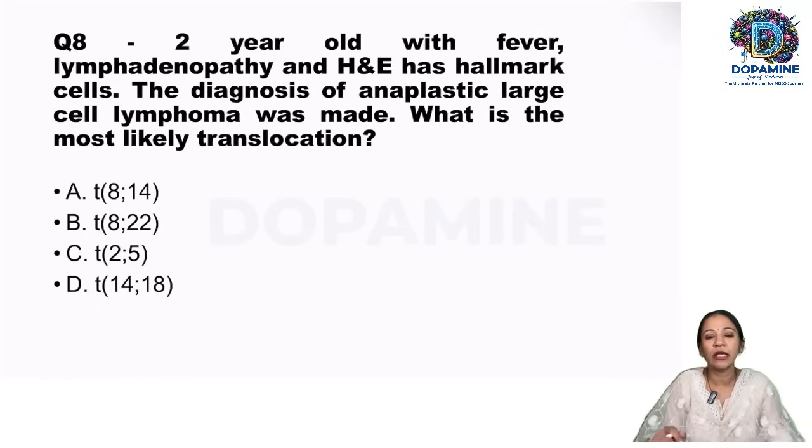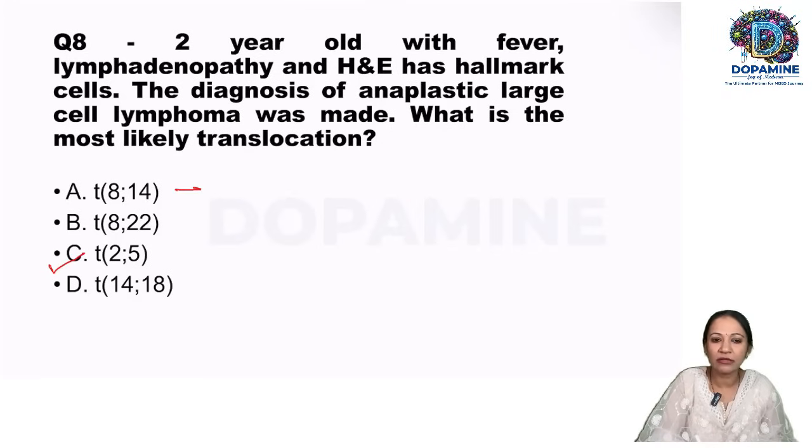The next question: a 2-year-old small child presented with fever and lymphadenopathy. Hematoxylin and eosin staining shows the hallmark cells, and they have given the diagnosis straightforwardly, anaplastic large cell lymphoma. What is the most likely translocation? So the question is, what is the translocation for anaplastic large cell lymphoma? Very straightforward. Again, we have discussed it so many times. It is t(2;5) for anaplastic large cell lymphoma.